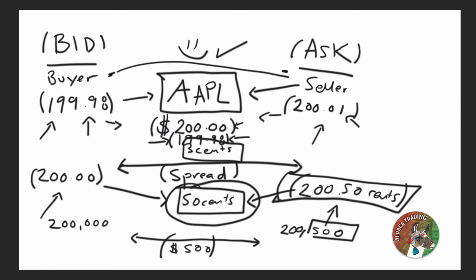So if you look at a stock or a stock option that has a 50-cent spread, right, between the bid and the ask, stay away from it. That's pretty much the most important part. You want the spread to be as close as possible to what the bid or the buyer is willing to buy it for and what the ask or the seller is willing to sell it for.